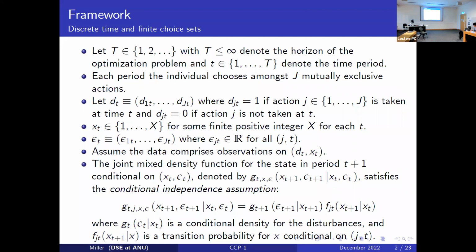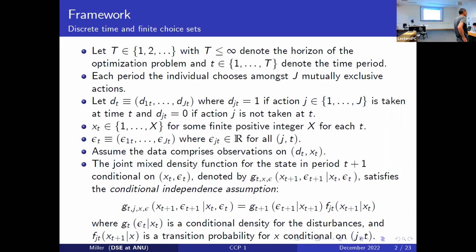This is a key to making this look like a static discrete choice problem in some sense. So you can see that next period's epsilons depend on this period's state variables, but the transition function, we'll be exploiting this, especially next lecture after lunch.